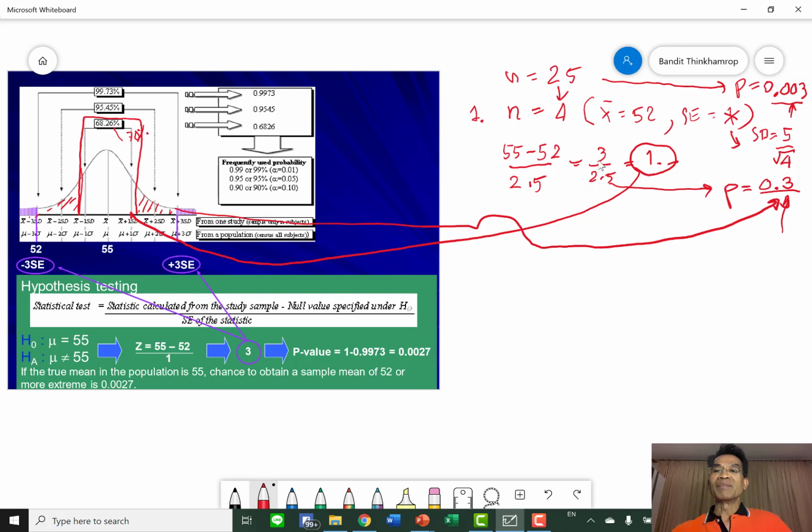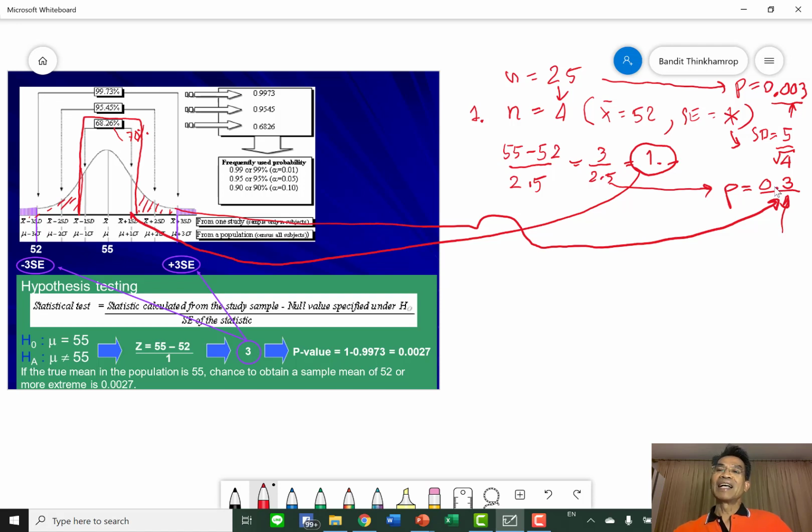Therefore, in this scenario, I just demonstrate that with everything the same, the magnitude of difference of the mean is 3 kilograms, the same standard deviation of 5, but changing only the sample size. If the sample size is small, the p-value will increase. You see that? So from significance to non-significance. What does it mean here?